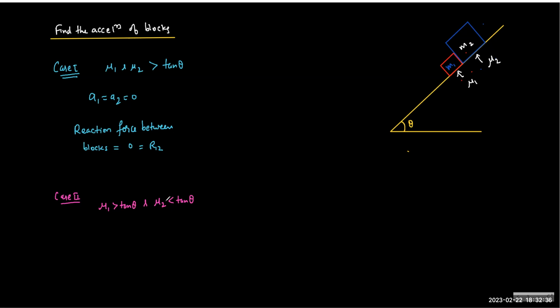Yes, sir. Now the question is, it is possible that because of the pressing force, it also starts moving, isn't it? So what will determine whether both will move as a whole or not?